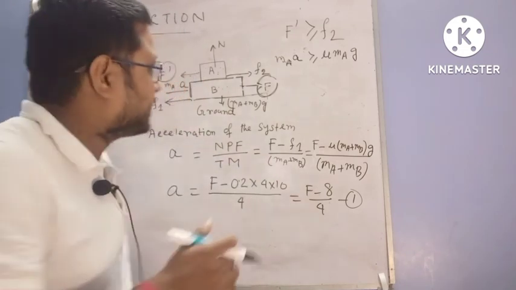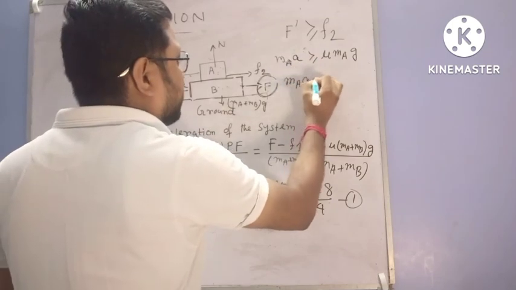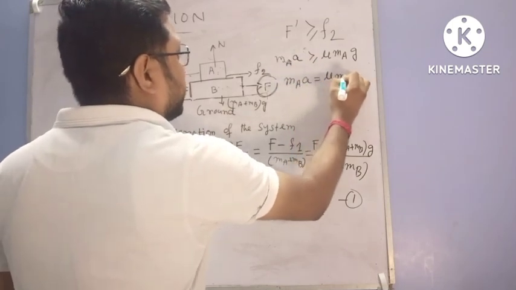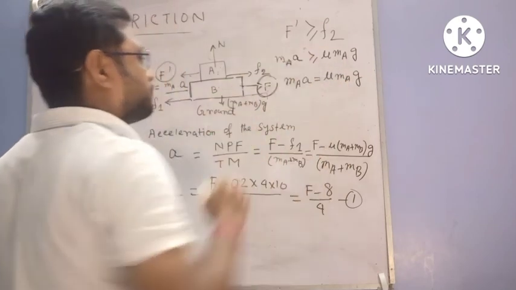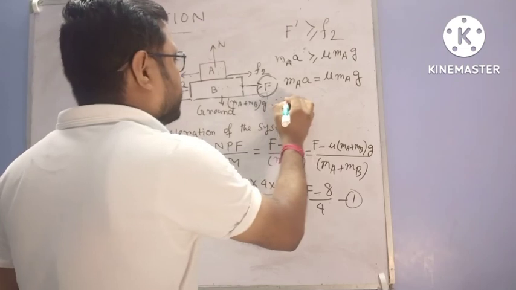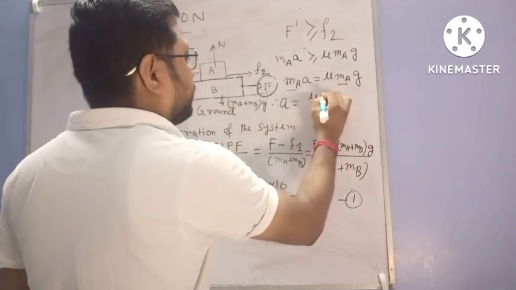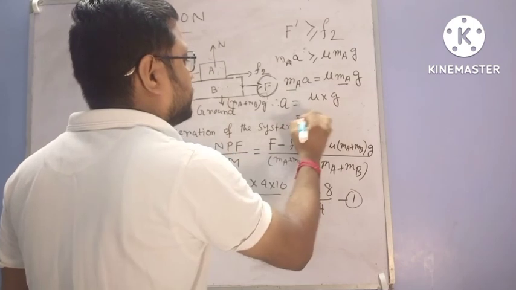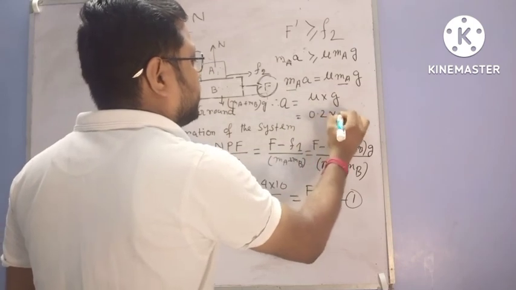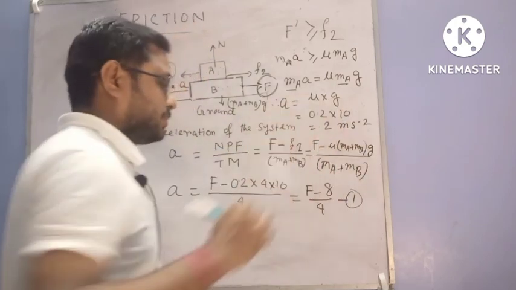For limiting friction, this force, MAA, must be equal to mu MA g. We can get the value of a by cancelling MA: a equals mu times g. Mu is 0.2 and g is 10, so that is 2 meter per second squared.